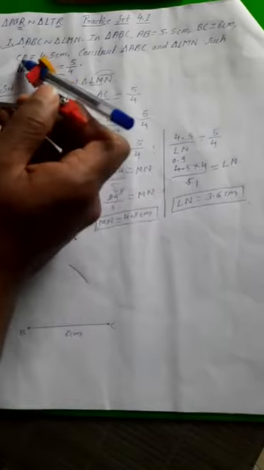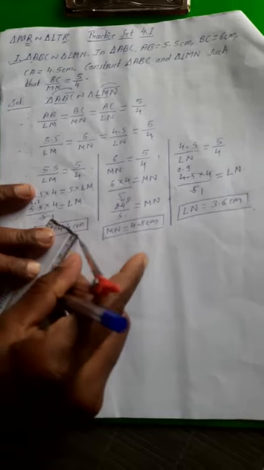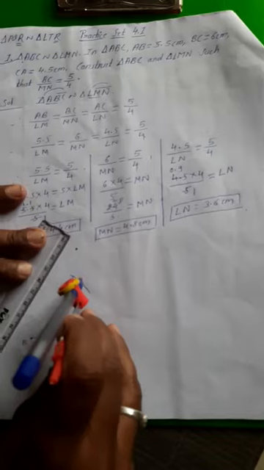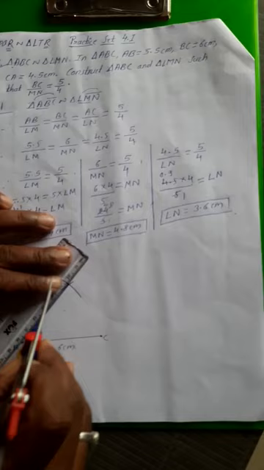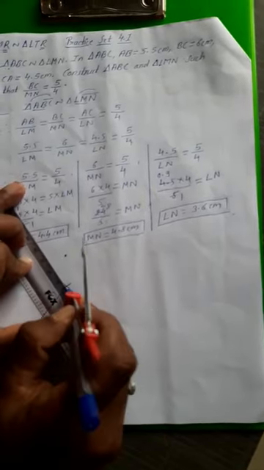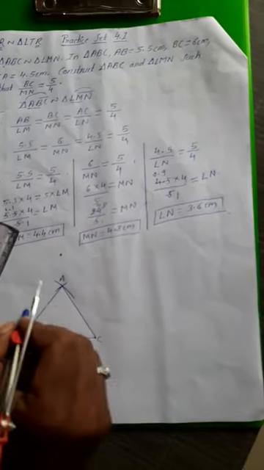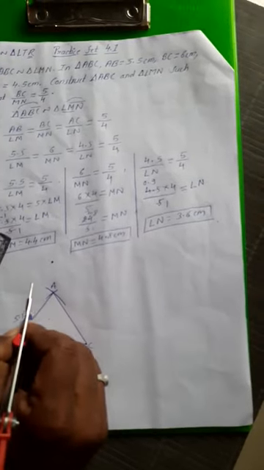The next side is CA, that is 4.5 centimeter. So let me take a distance of 4.5 centimeter from C. These both arcs will intersect, and now join. So this is your point A. AB is 5.5 centimeter and AC is 4.5 centimeter.